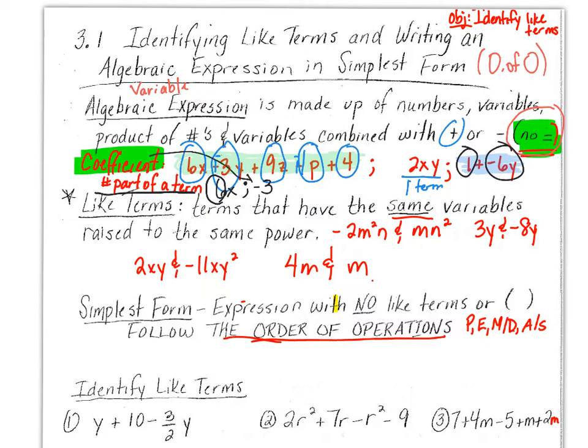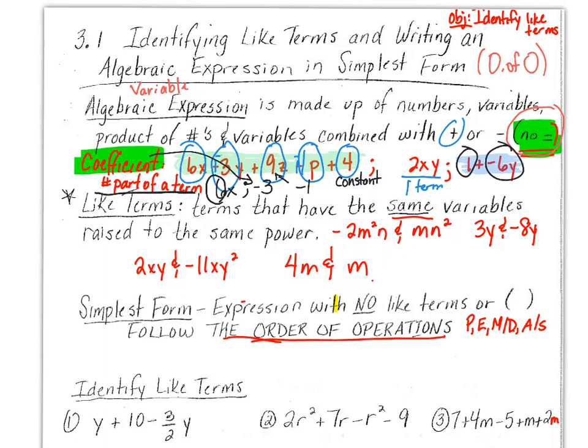The coefficient on 9z is the 9. The coefficient on the negative 1p is the negative 1. And 4 does not have a coefficient because, remember, it's called a constant. No variable with it. It will never change. It stays the same.